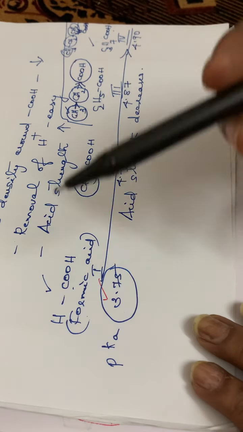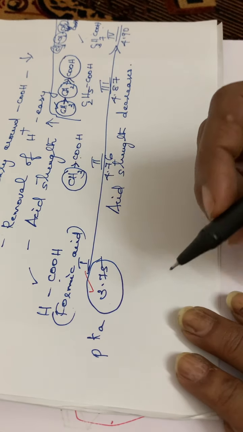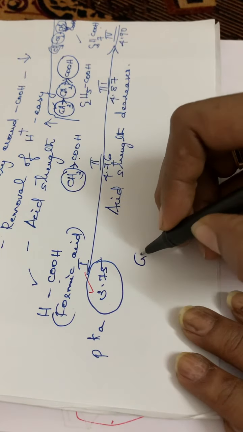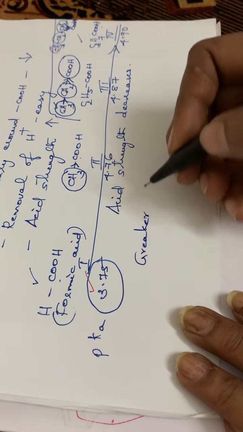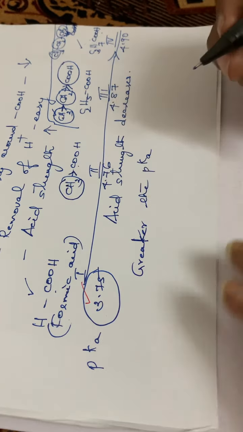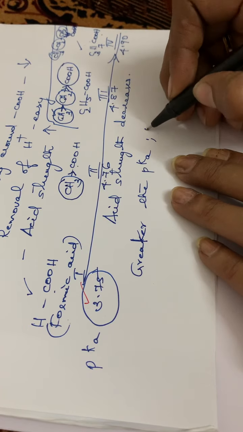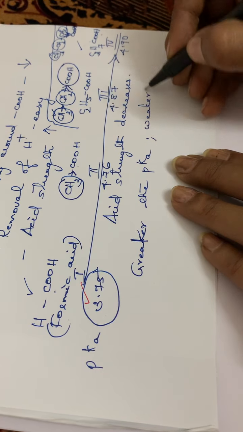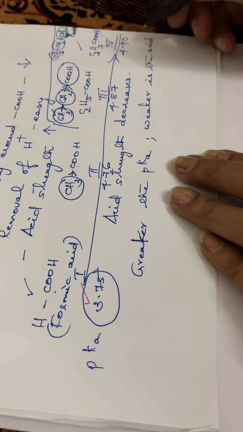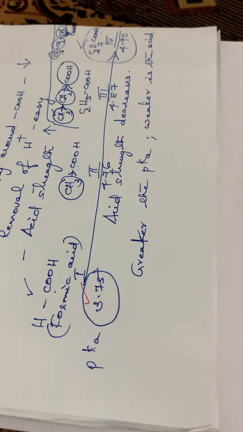Okay, so the greater the pKa value, weaker is the acid. That also you have to note down. So here greater pKa value is for butanoic acid. Okay, so greater the pKa value, weaker is the acid.